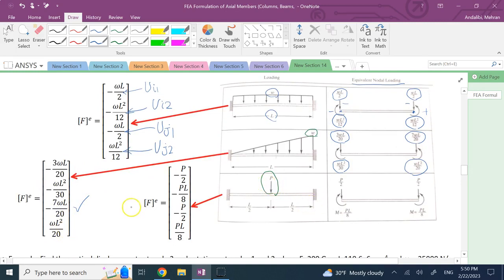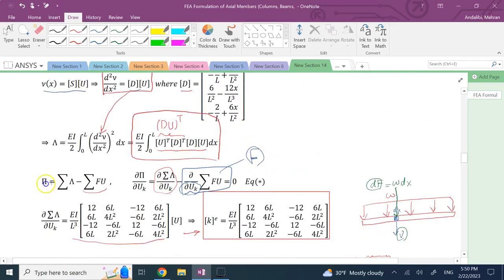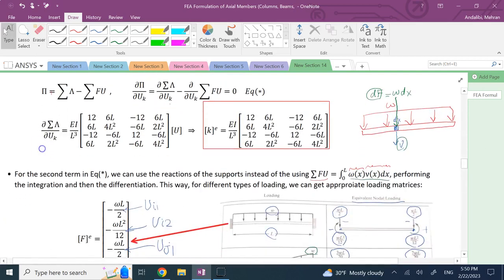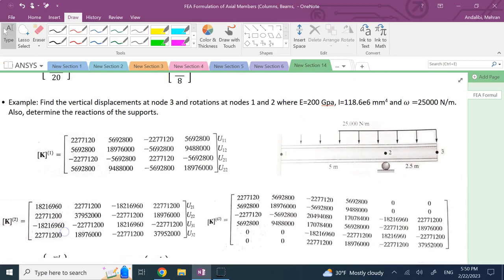And then if it's concentrated force, again, you can find the equivalent system and find the nodal loading. So one of these three scenarios, depending on how the loading is, you're going to use one of these three as your nodal loading, and this guy is going to be your what? Is going to be your stiffness matrix for that element. So now that we know the stiffness matrix and the load, let's look at an example.